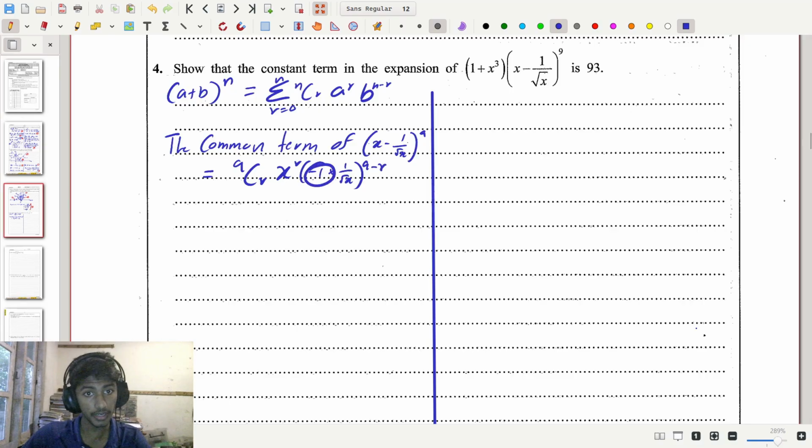The reason I divided like this is because I can take the negative 1 out separately, and take the 1 over root x separately and take each of them to the power of 9 minus r.